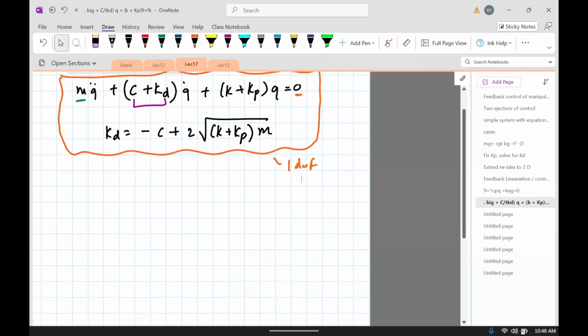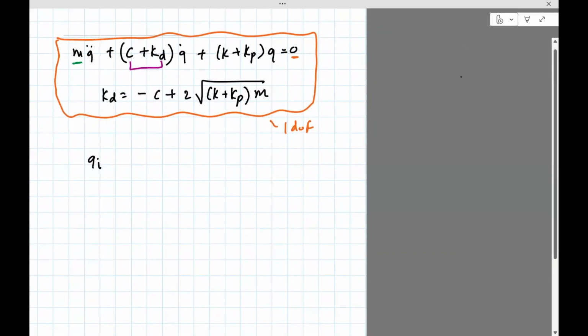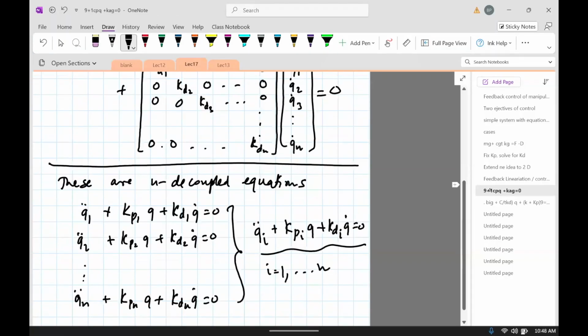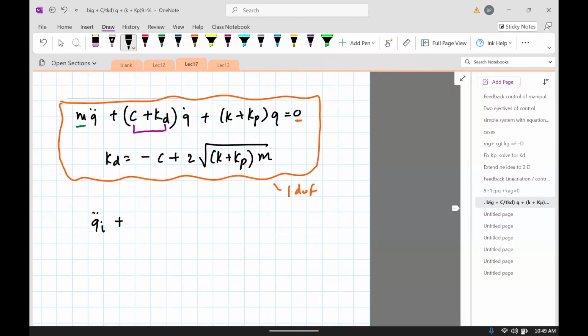Now what we have here is Qi double dot plus KDQ dot plus KPQ. I'll take KD first and then KP.